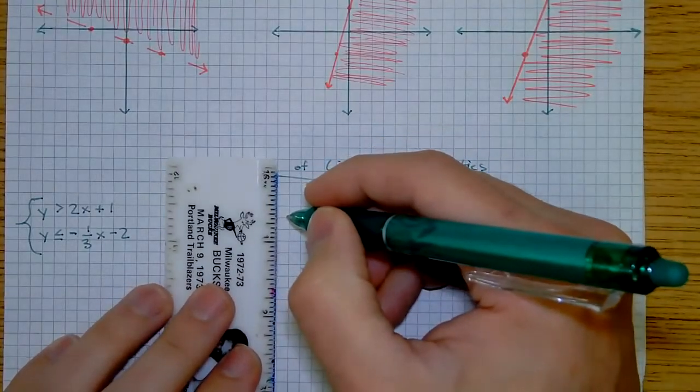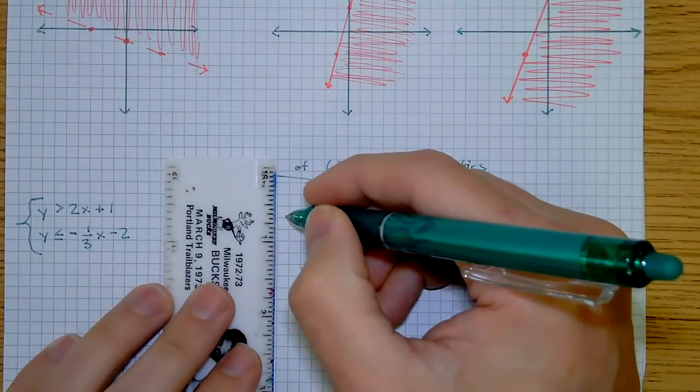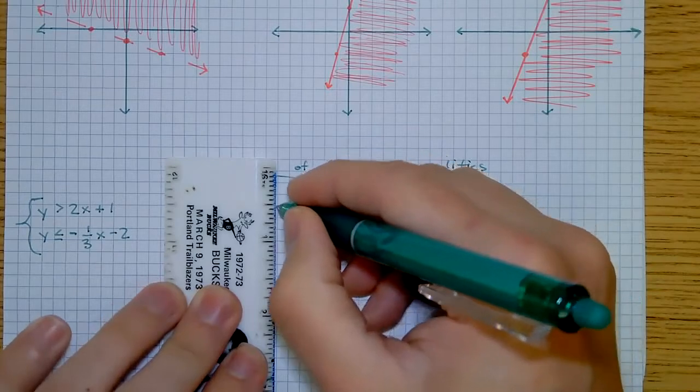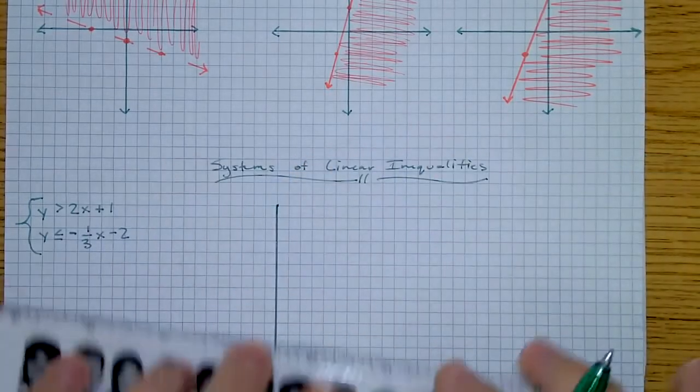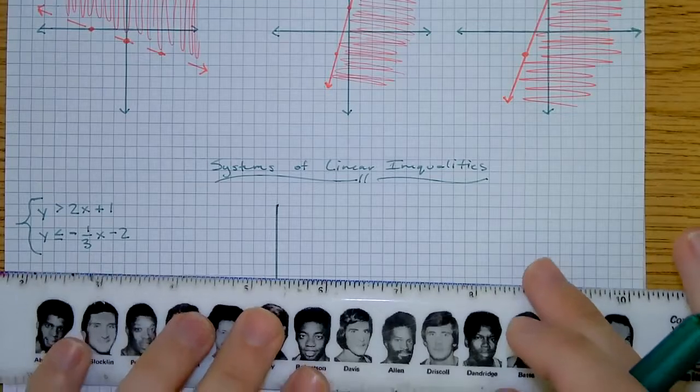Essentially all we're doing is graphing two linear inequalities on the same graph, and we're looking for where they overlap.